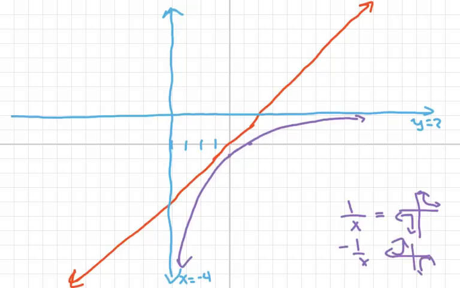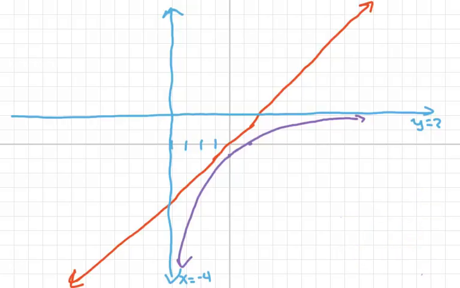Let me erase that. If this is my new center, since I have my first piece in this quadrant here, I'm going to have some piece in this area over here. So what I want to do is do test points over here. Since I'm away from my asymptote by -4, I'm just going to go over 4 more, 1, 2, 3, 4, which would be -8.